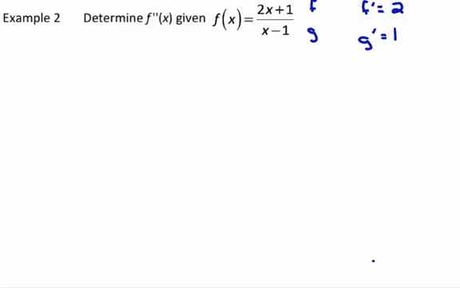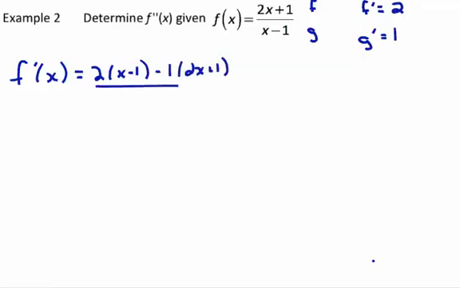Like I said, we'll be using quotient rule, so it's f prime g minus g prime f divided by g squared. So the first derivative, f prime g minus g prime f all over g squared.